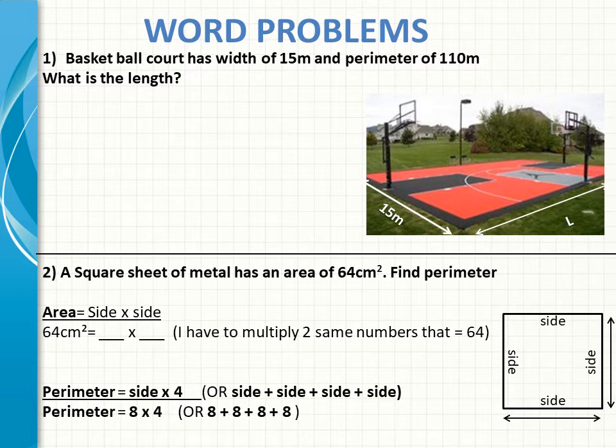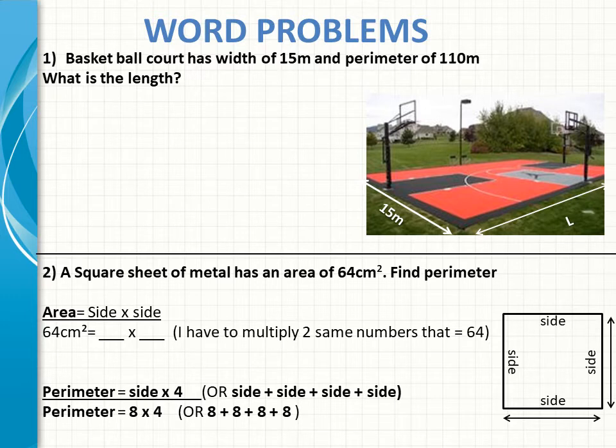We know that this width, 15 meters, is the same as the other side of the basketball court. We have 15 here and 15 at the opposite side. The total size of this basketball court is 110.